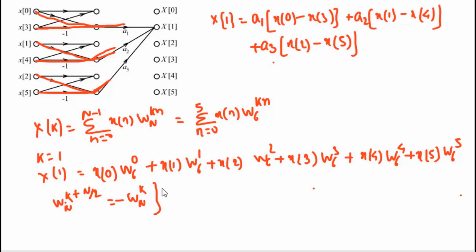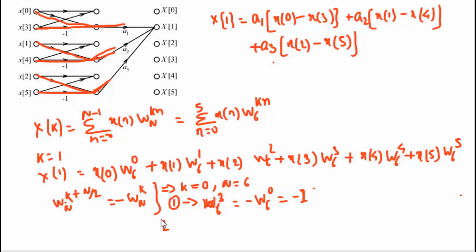From this property, if you put k equal to 0 and N equal to 6, then the first condition you get is W6 to the power 3 is equal to minus W6 to the power 0. W6 to the power 0 is nothing but 1, so it becomes minus 1.